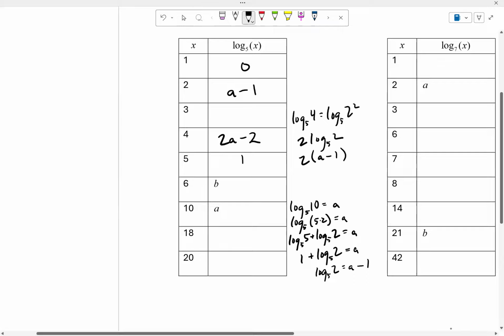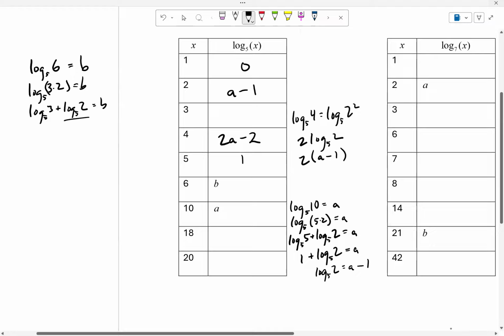Now to get to the other ones, notice two of them involve 3. So let's go to log base 5 of 6, and we know that's equal to B here. Of course, I'm going to break this up the same way. This is 3 times 2 equals B. So log base 5 of 3 plus log base 5 of 2 is equal to B. And do you see what to do next?